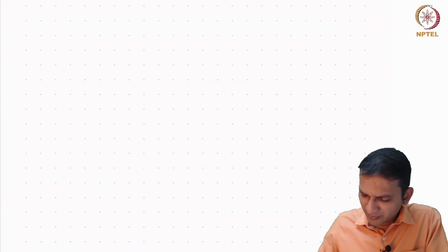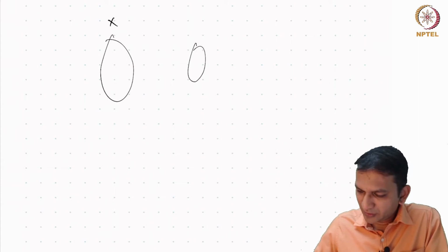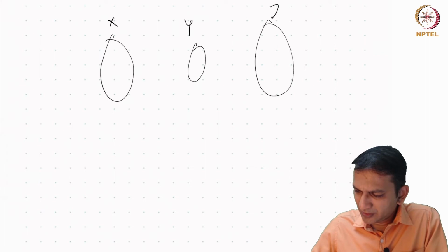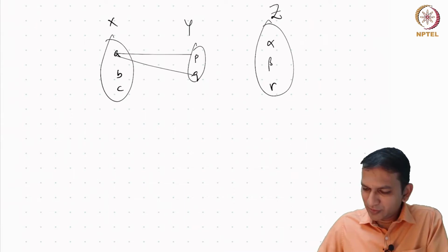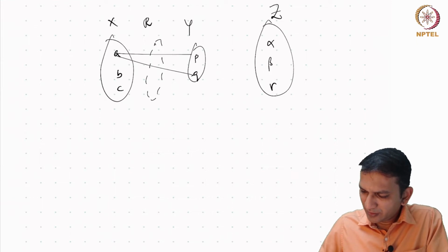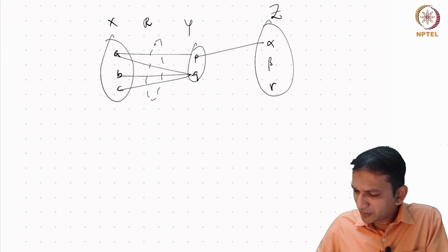So let's take an example. I have a set X, set Y and set Z: A, B, C here, just P, Q here, and alpha, beta, gamma. So this is my relation R on X cross Y. B and C are related only to Q. Let's say P is related to alpha, P is also related to beta, but Q is related to beta.